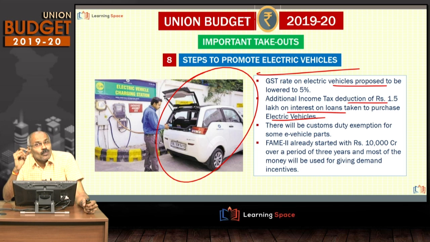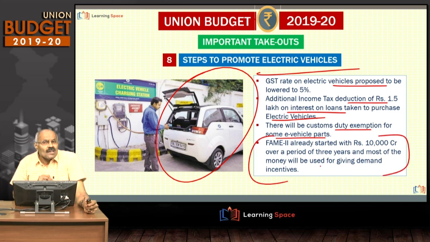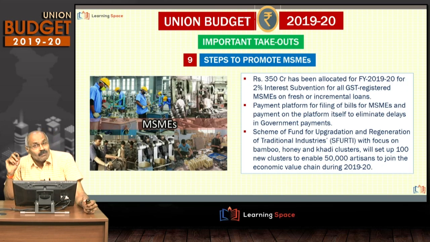Friends, this is to give boost to electric vehicles. Then there will be customs duty exemption for some e-vehicle parts. Customs duty is exempted, and most of you are familiar with the FAME 2, which is primarily to look at the demand incentives.